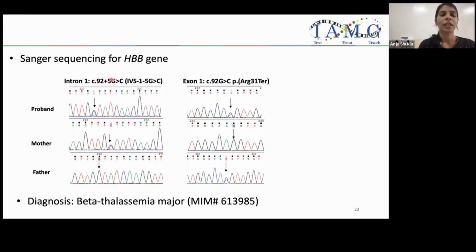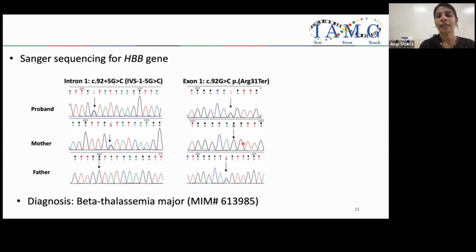We found there was an intronic variant, which is a common mutation in the Indian population. Another common mutation was there in exon 1. So in the proband, there were 2 mutations, one C92+5 G to C and another C92 G to C. And then we can see that one of these variants is inherited from mother.